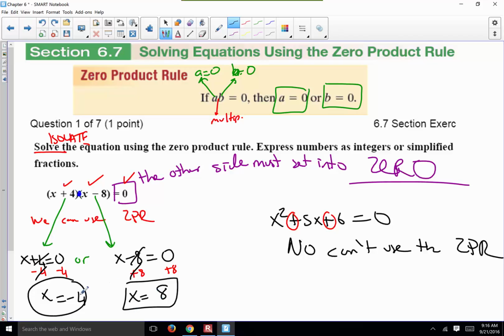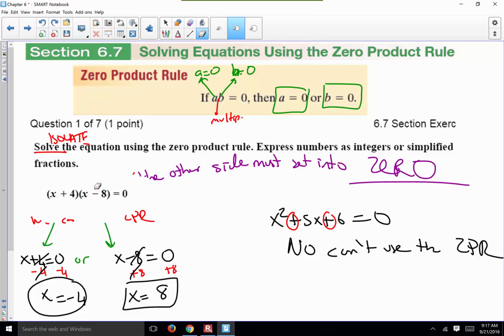Again, solutions means when you enter these numbers, results, one by one into x, it needs to satisfy this equation, such as plug in minus 4 here. What is minus 4 plus 4? Isn't it 0? This guy is 0, and this is minus 12, but 0 times minus 12 is 0 anyways. Now plug in 8.